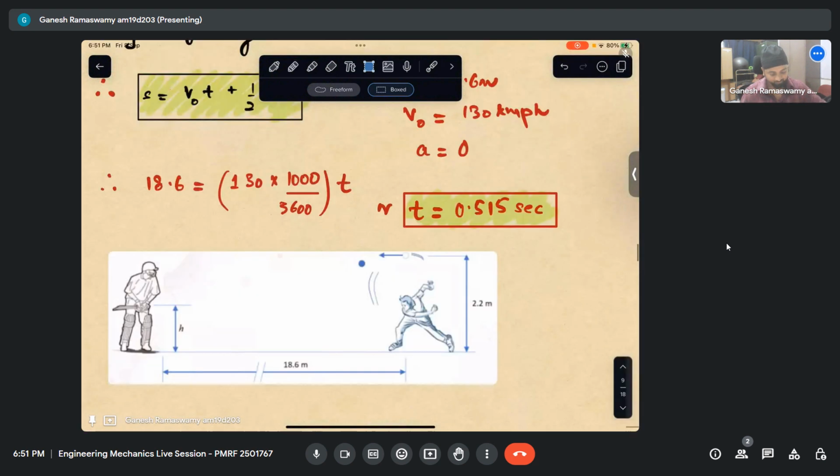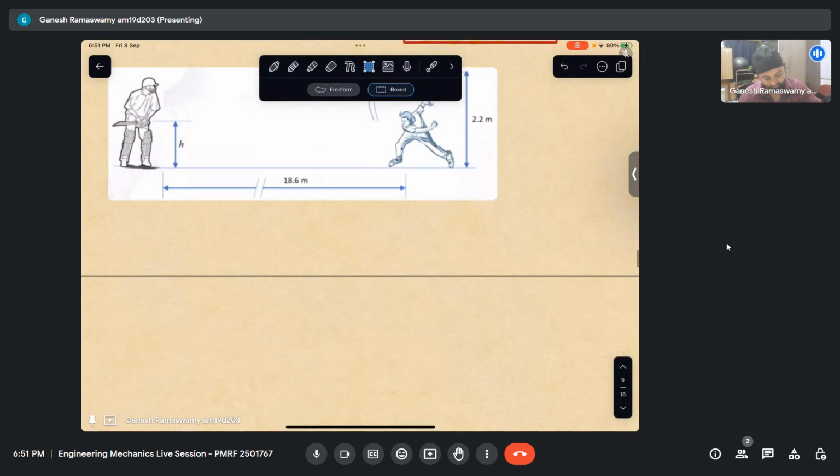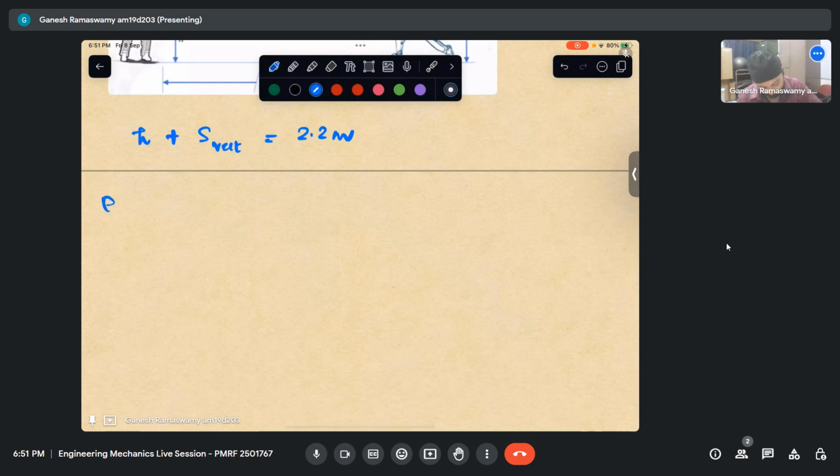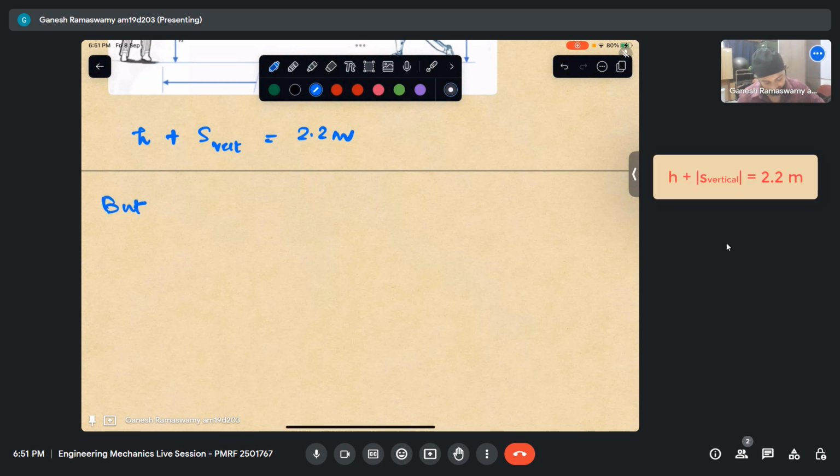So what we are saying is h plus s in the vertical direction is nothing but 2.2 meters. But we know this equation.